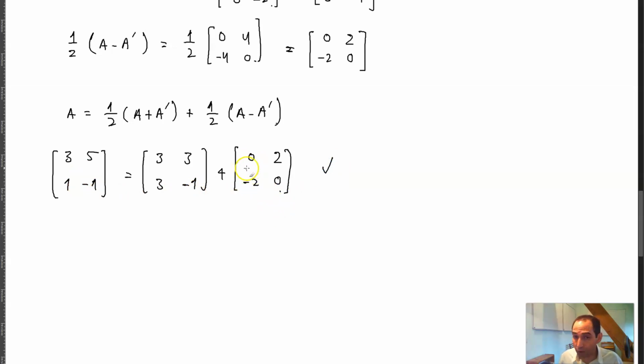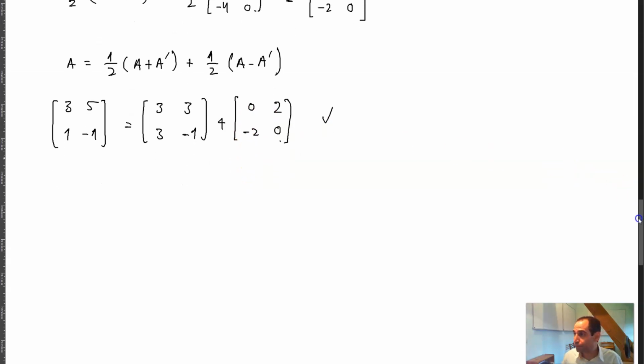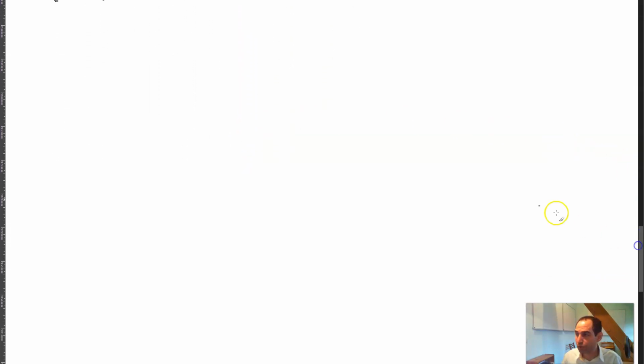So that was part 1 of this question. Part 2 of this question, let's say that your A is equal to, for example, 6, -2, 2, -2, 3, -1, 2, -1, and 3.